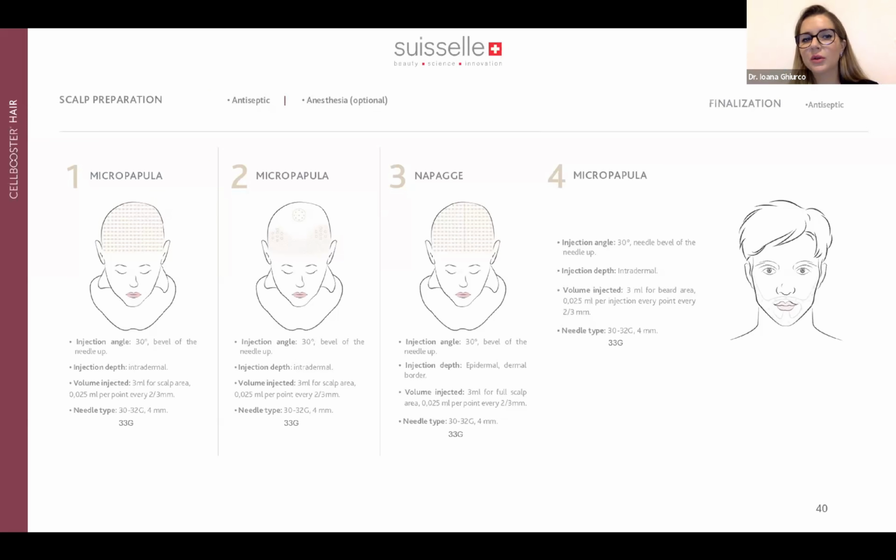Also the nappage technique was described, but I need to be honest, I never use this kind of technique. If we want to treat some areas on the face, like the eyebrows or the beard, the things are similar to the scalp.